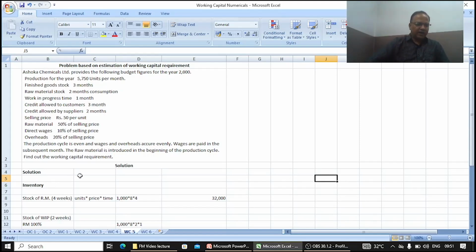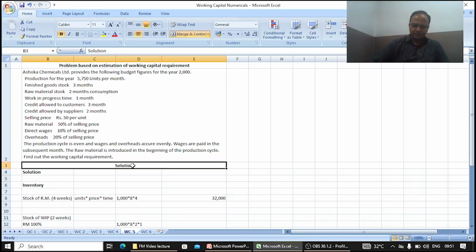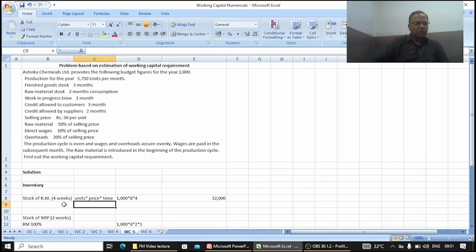First of all, write down inventory. In inventory, we have three types of stock: stock of raw material, stock of WIP, and stock of finished goods. So let's start with timing. It's given that the raw material in stock is 2 months. So write down here 2 months.